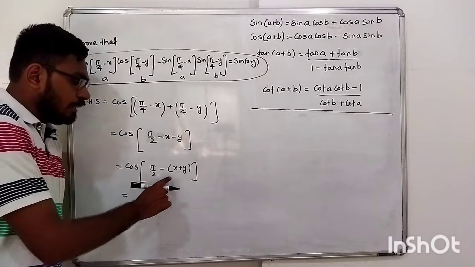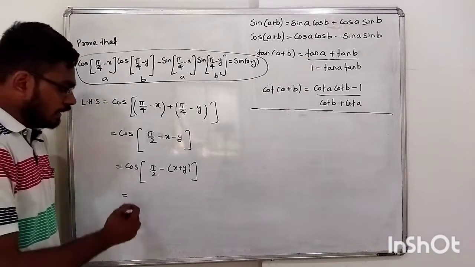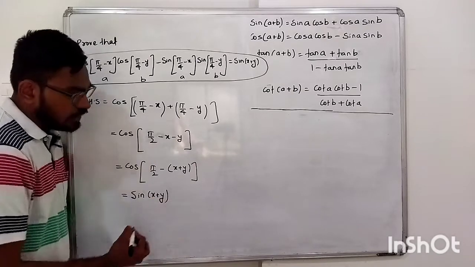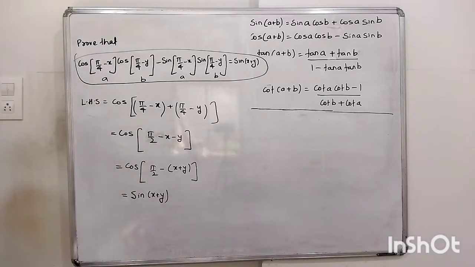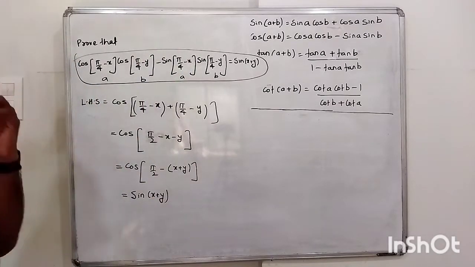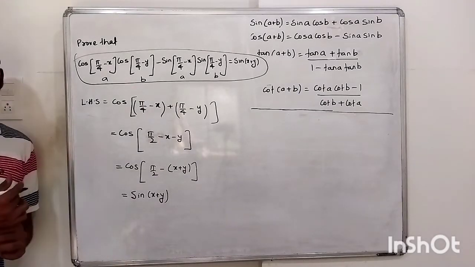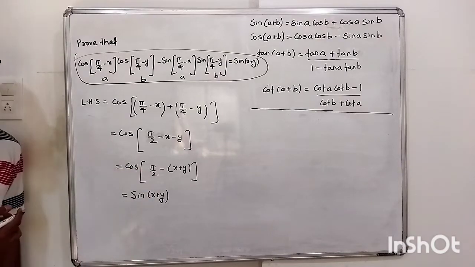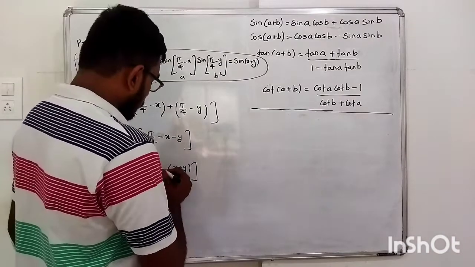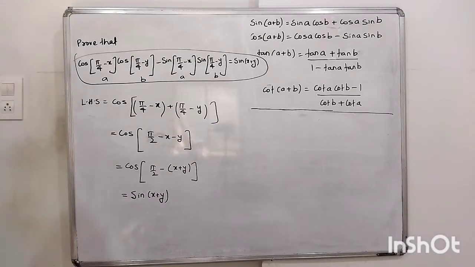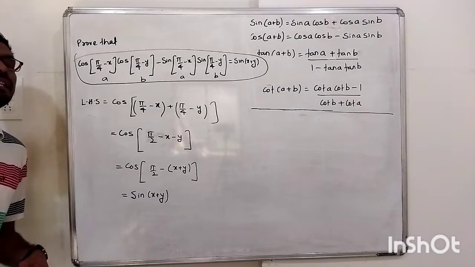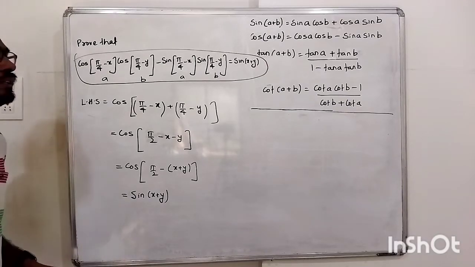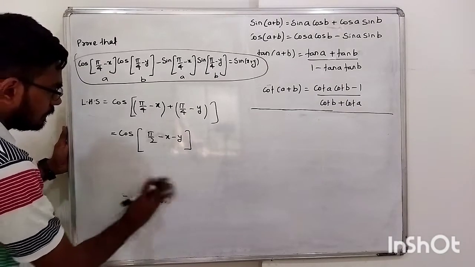Now cos of 90 minus theta is same as sin theta. Or you can solve this using the formula and you will get the same answer. Okay, or just remember complementary angles from 10th standard. Cos of 90 minus x is sin x, sin 90 minus x is cos x. Similarly, this works for tan and cot and sec and cosec, as we already know. Okay, so remember this.